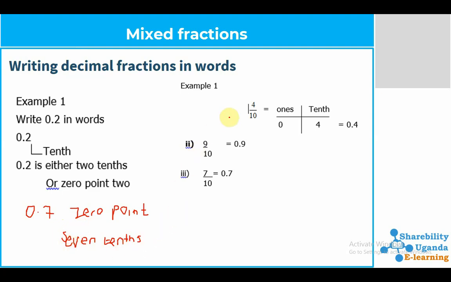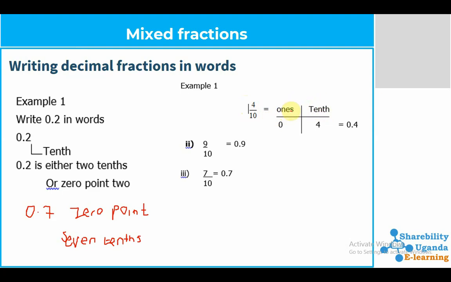Okay, let's look at another example. Since we have been dealing with decimal fractions in words, we shall look at numbers which are in fraction form and are later changed to a decimal. So we can have our 4 out of 10 here. When you arrange them according to their place values, we have the ones and we have the tenths.